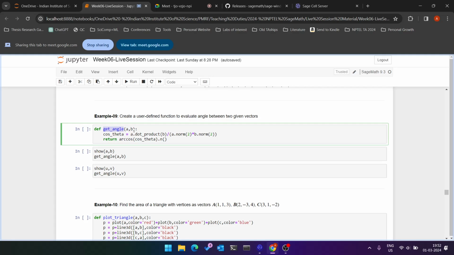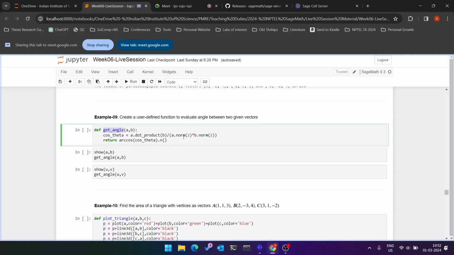If it is theta, then I get cos of theta to be basically A dot B upon norm of A into norm of B. So it's a very standard elementary formula that I think we all know. And once I calculate cos of theta, I'm calculating arc cos of whatever cos value we obtain and asking it to be returned in the numerical form.